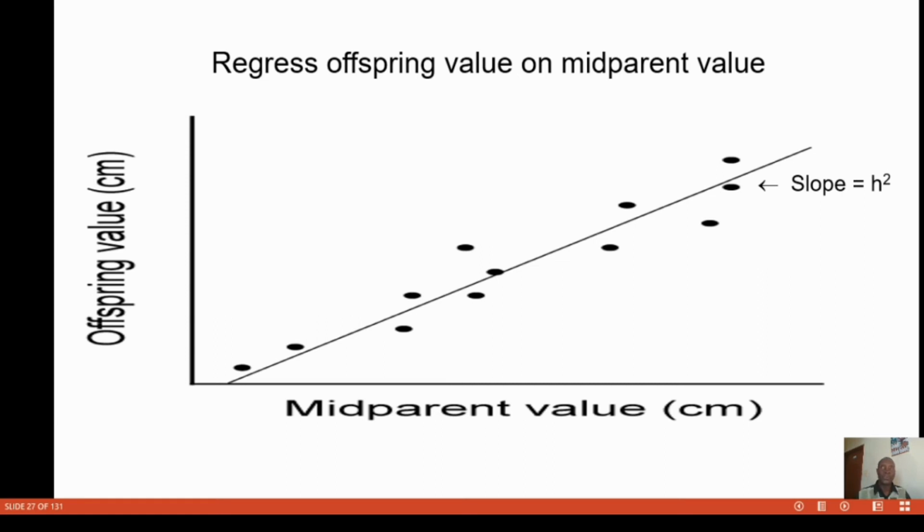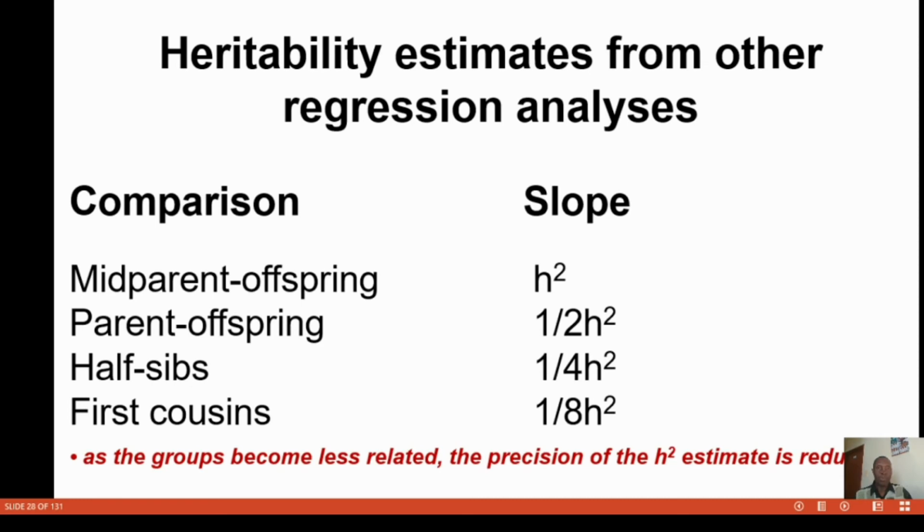When we regress, it can be represented in the regression equation by the value b, the slope. So we can do that on mid-parent offspring regression, and we can estimate the heritability.